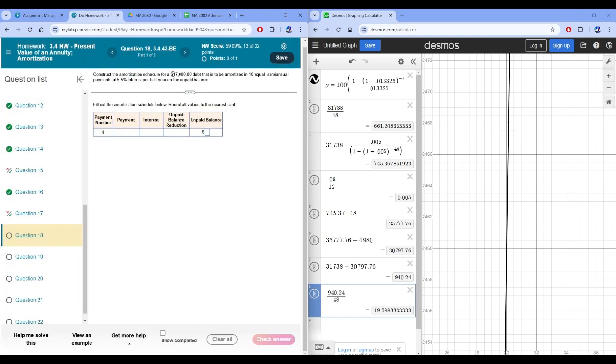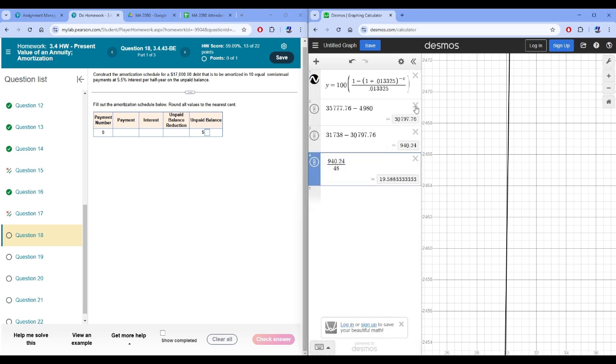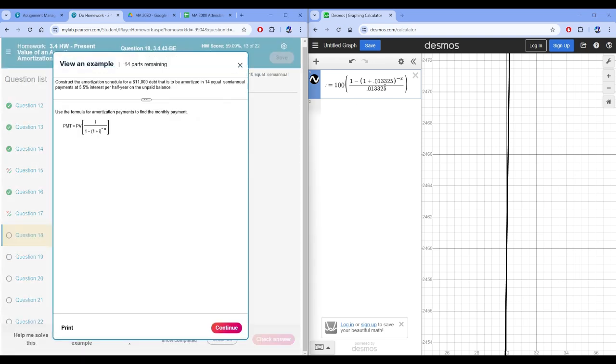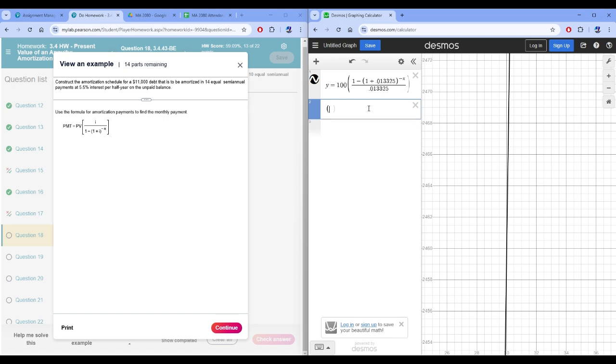Construct an amortization schedule for a $17,000 debt that is amortized in 10 equal semiannual payments at 5.5%. What's the formula? This one. So it's a fraction, i, and then 1 minus parentheses 1 plus i parentheses raised to the negative.